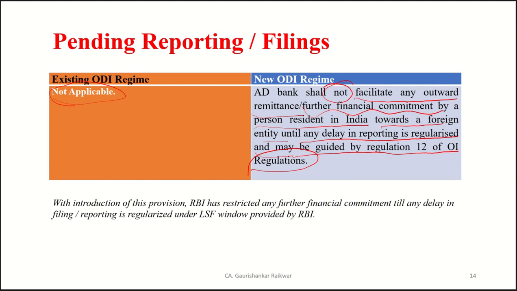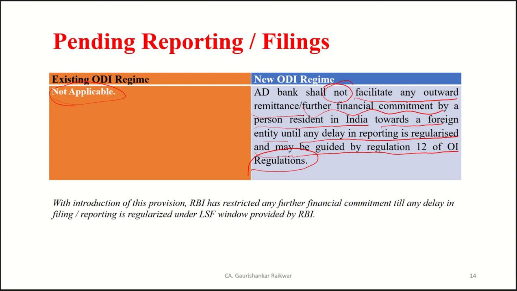The AD bank cannot and should not allow any further financial commitment till the existing delay is regularized by way of payment of late submission fees, till August 2025, which is the window available for regularizing all the delayed reporting or filing.